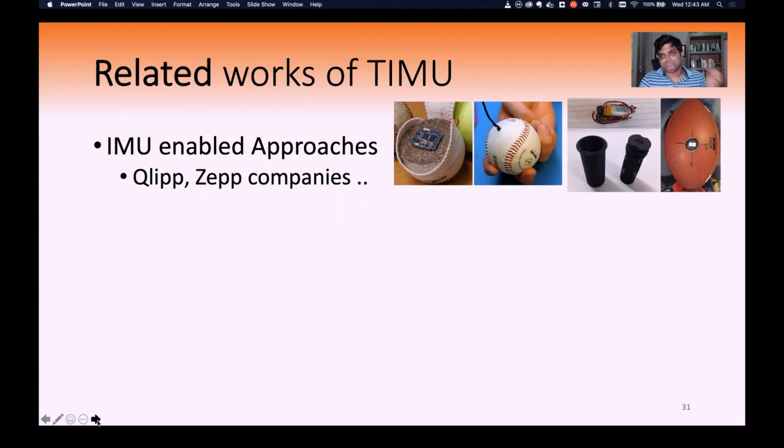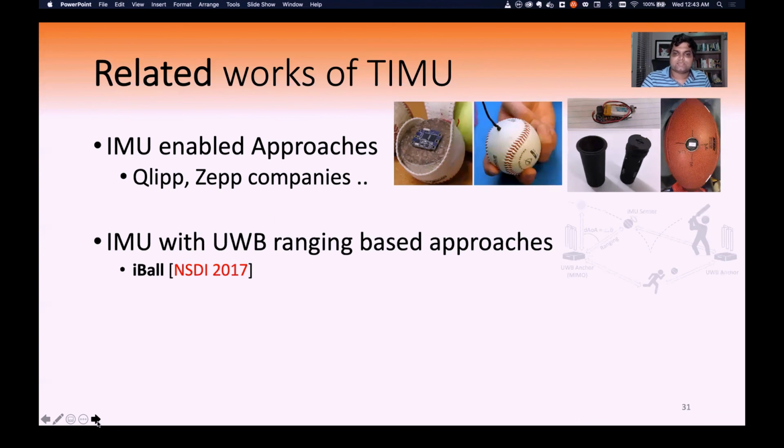Related to our work, there are many works which try to do ball motion analytics using IMU, which suffers from the same issue I just mentioned before. There is also a system combining IMU and ultra-wideband ranging proposed to get the location of the ball, but it requires multiple antenna arrays and a hugely modified ball.